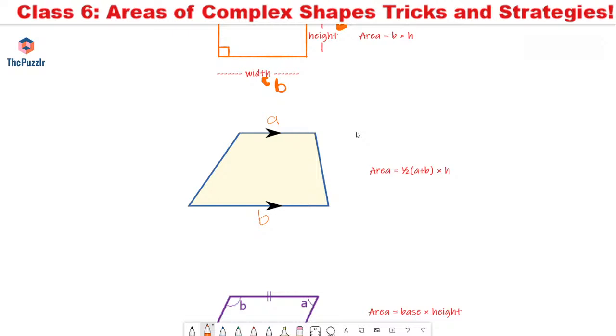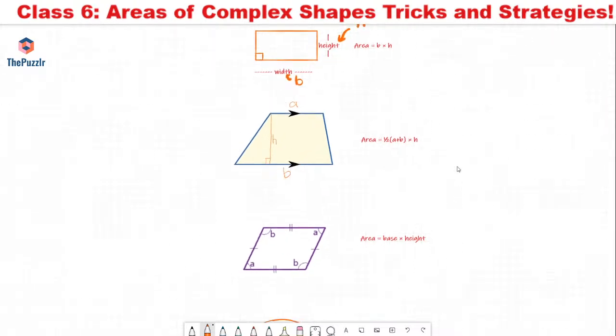So this is a plus b. And now h is going to be the height. So if I were to draw a line straight down here, and this is a right angle, right? Because it's the height. This is the height. So the area of a trapezoid is 1/2 times a plus b. So we're basically taking the average of a and b, and we multiply it by the height. And that gives us the area of a trapezoid.